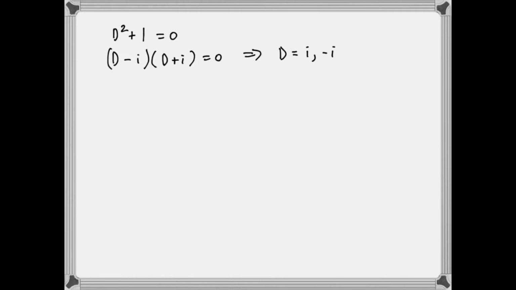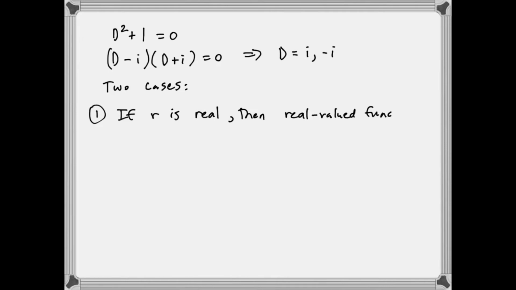So here are the cases, right? There are two cases. So first case, if r is real, then real valued functions that solve the differential equation are, well, we already wrote them down, but let's write them down again.